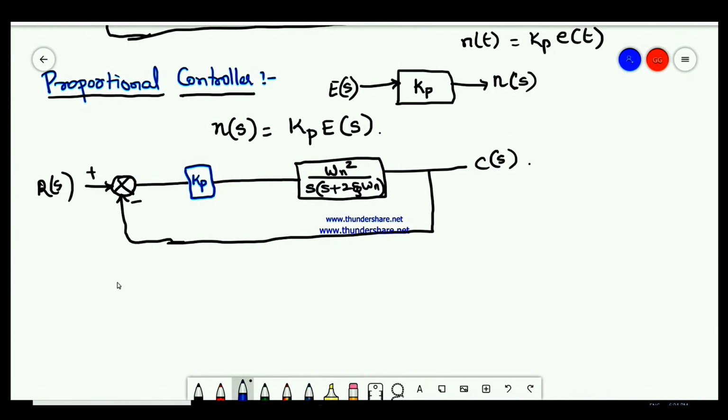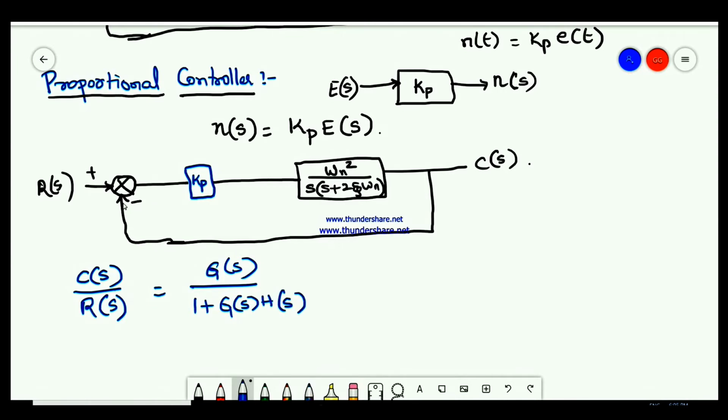Okay, so now we take the transfer function for this second order system with the controller, C of S by R of S equals, we know the standard function, G of S divided by 1 plus G of S into H of S, because of the negative feedback, you see that positive symbol there.